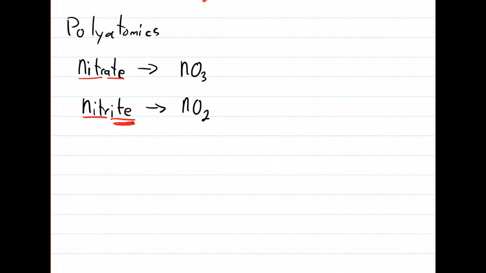What does that mean? Not necessarily 2, but it means 1 less oxygen. That makes sense? So we can say blank ite refers to 1 less oxygen. Make sense? Yeah. Great.